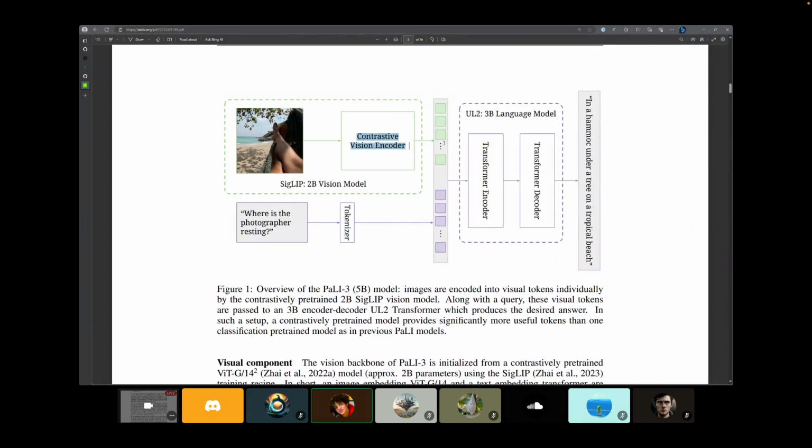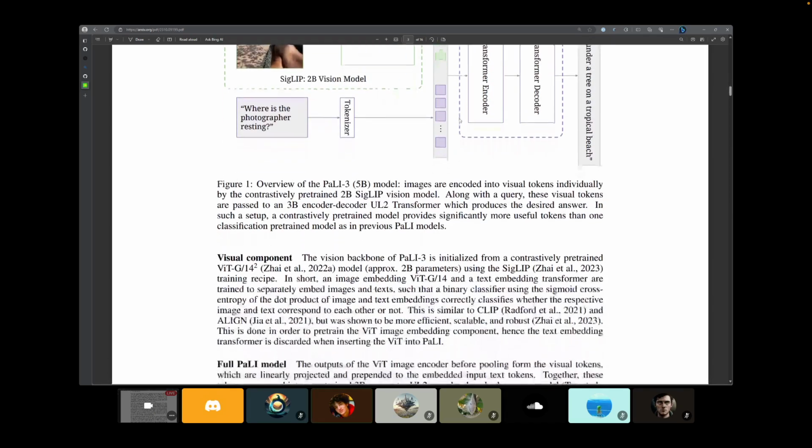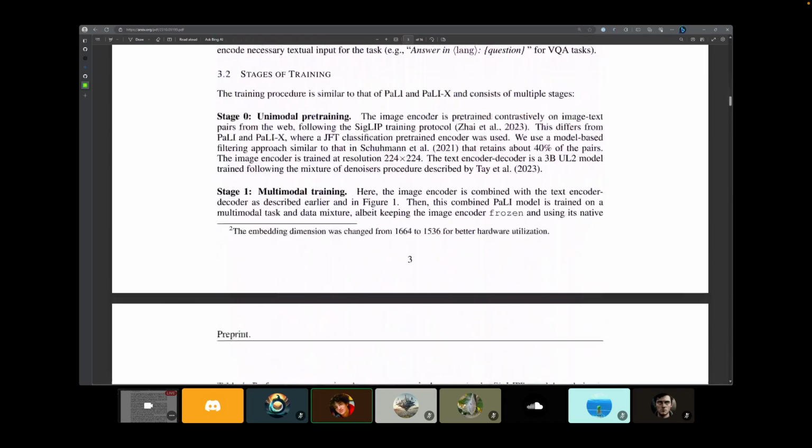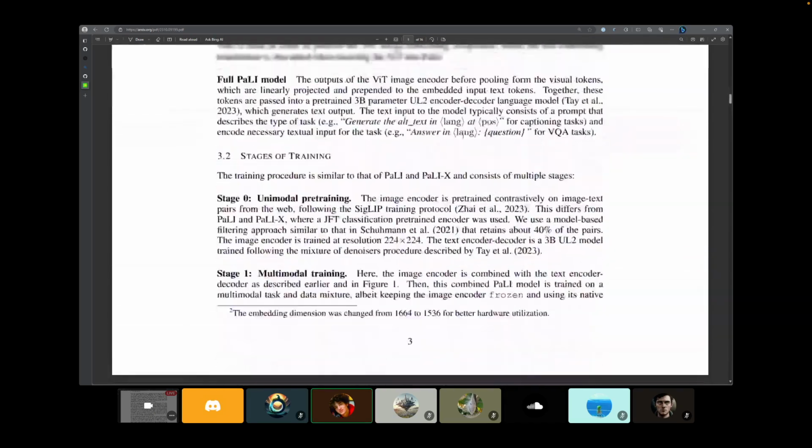And so the contrastive vision encoder is the ViT. If they say that, just think of a ViT. So the ViT will output the vision tokens, the visual tokens, and then they'll be concatenated. If we go down a little bit, we'll see what happens.